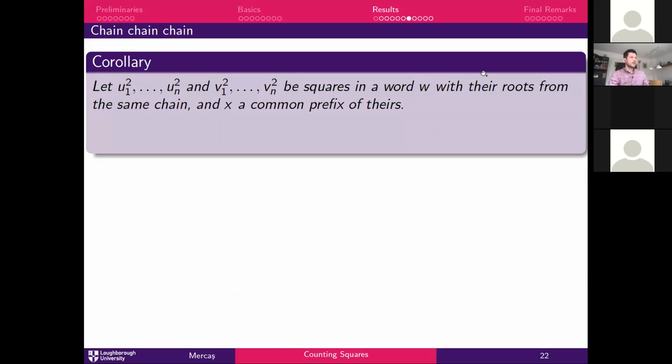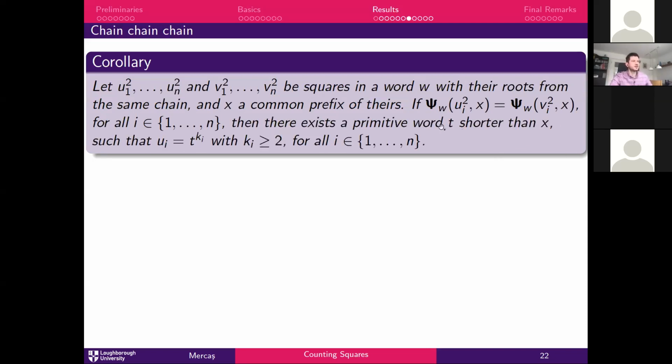Then, based on that result, we can prove the following corollary, which says that if you have two different chains, one chain of u's, one chain of v's, and their roots are from the same chain, so I'm selecting them differently, and they have a common prefix, then if you take pairs of them that have the same anchor, what you will get in the end is that there exists a common primitive word t that is a power of all of the u's.